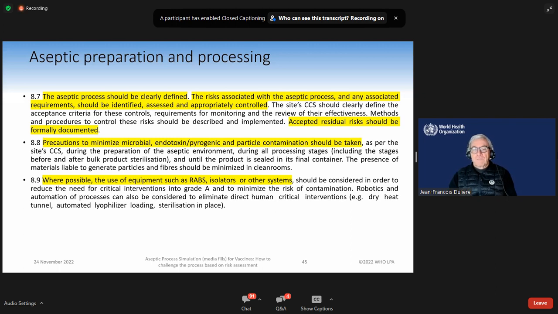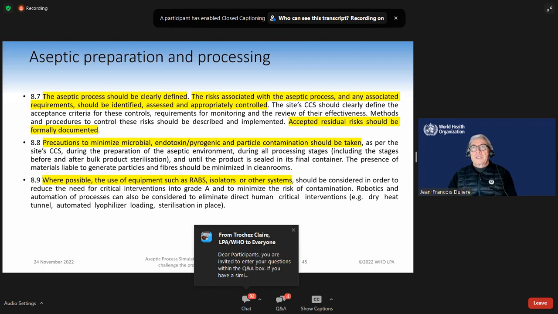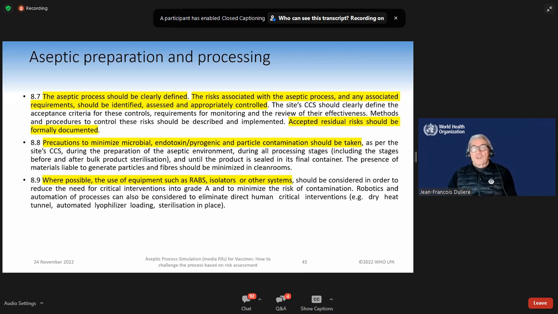Quality risk management is based on process knowledge. Contamination control strategy is based on process knowledge. So the development of the product is really critical at the very beginning.